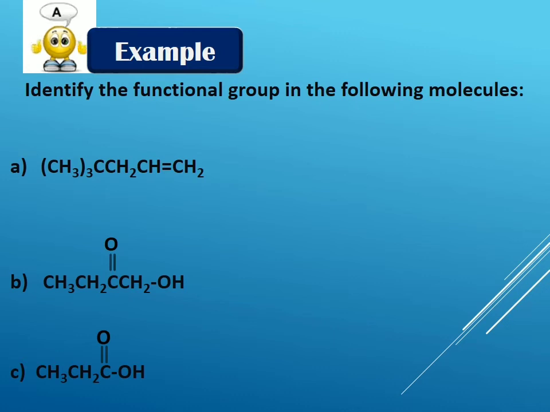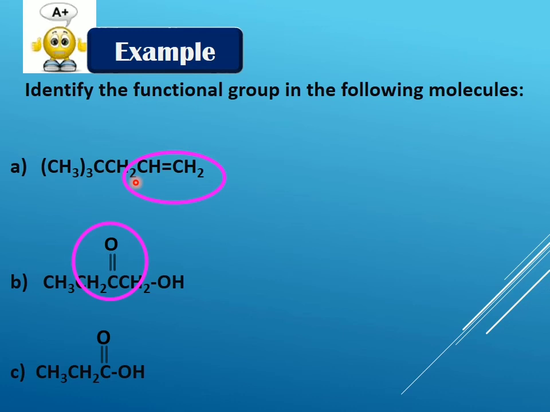Identify the functional group in the following molecules. Look at molecule A. It is a compound and it contains a C double bond here. So this is your functional group and the name is carbon-carbon double bond.